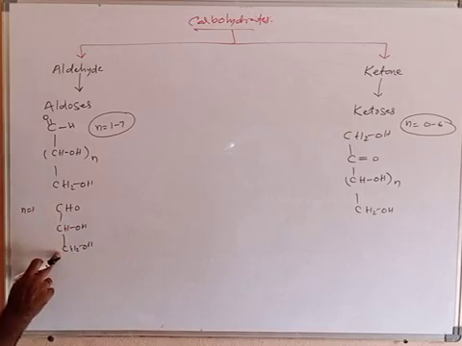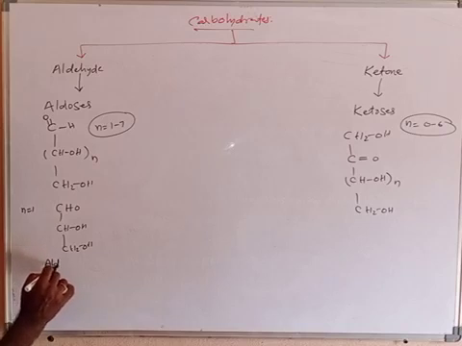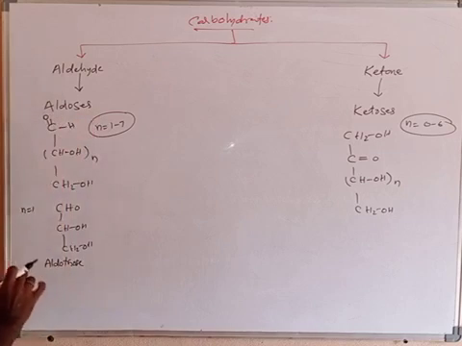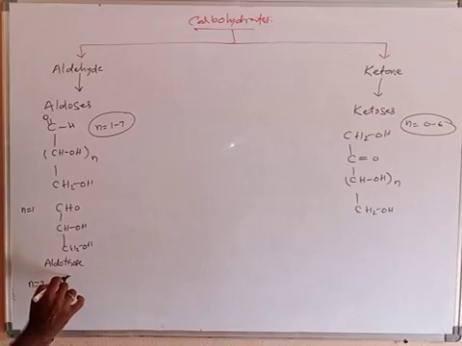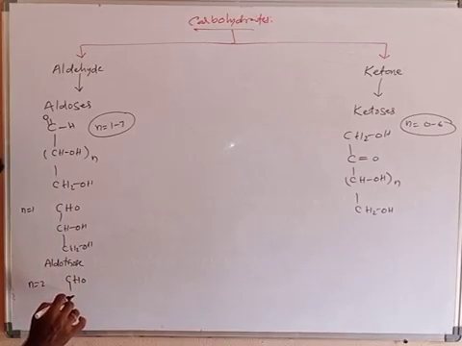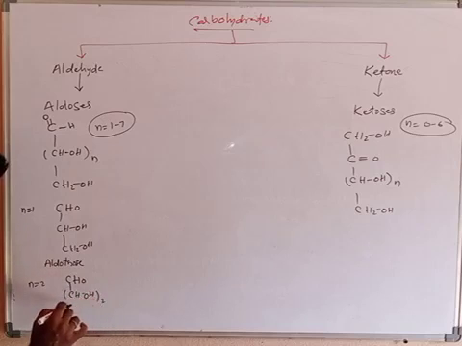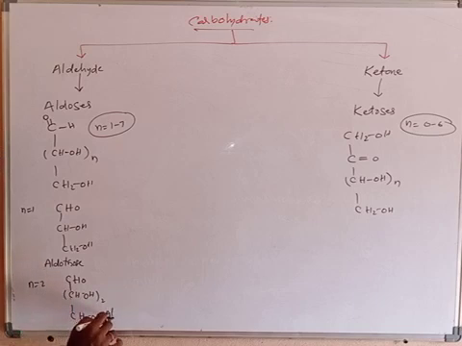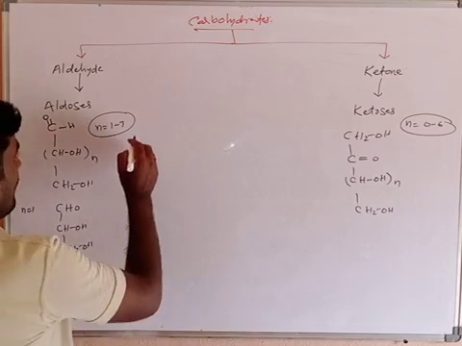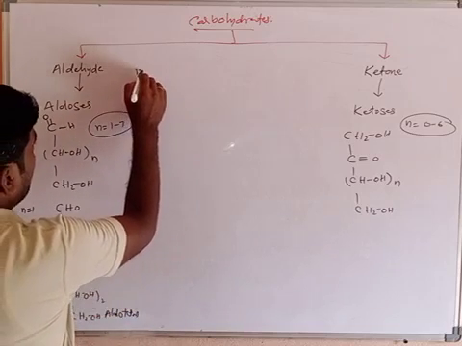Aldotriose. Now n equal to 2: CHO, CHOH taken twice, CH2OH. How many carbons? 4. Aldotetrose. Clear?